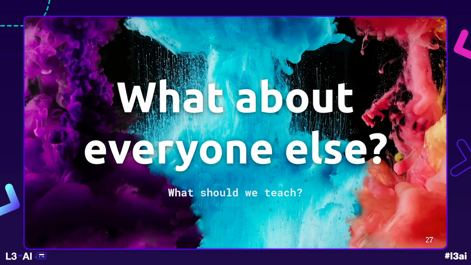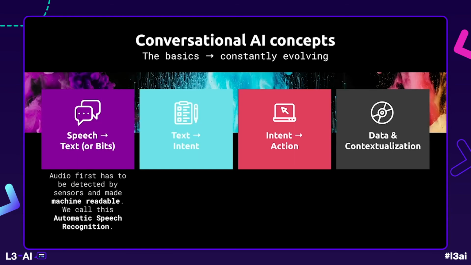And so I've talked a bit about what we've learned from developing these systems, but something that I also think is incredibly important is what exactly is it that we want others to know about conversational AI? And what are the most important concepts for people to know right now about conversational agents?